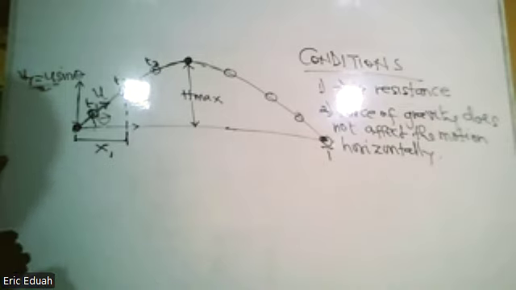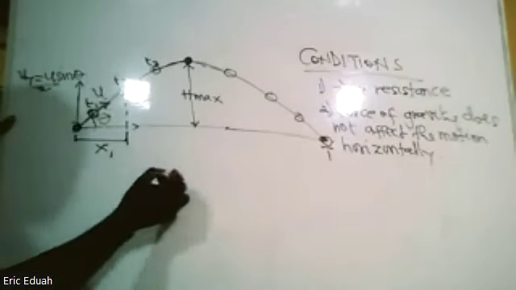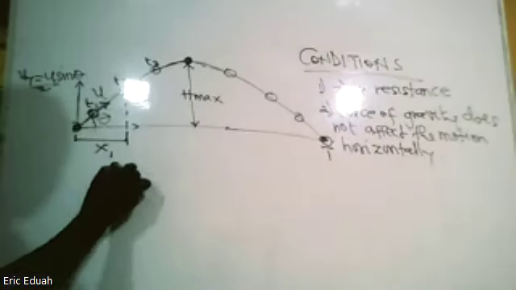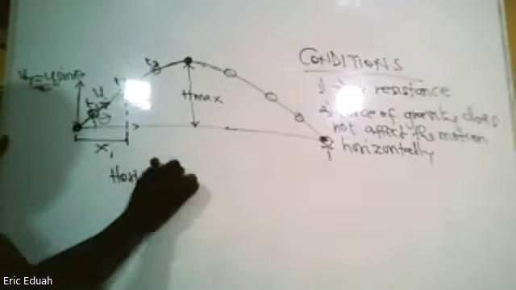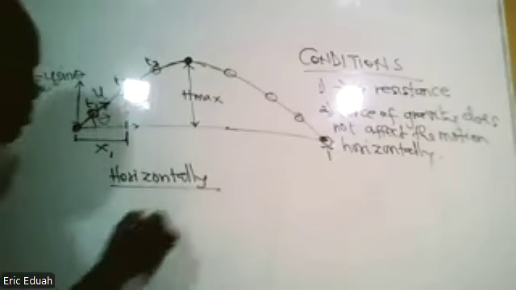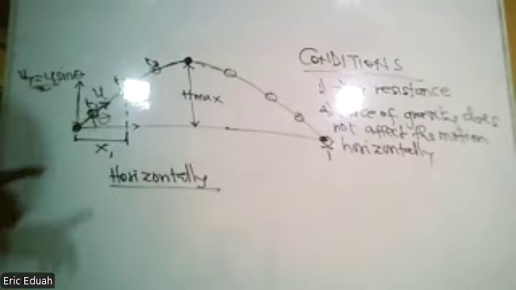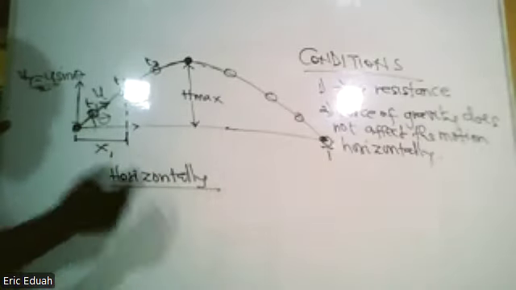Now, how do we determine this distance x1? For projectile motion, we are analyzing it horizontally.